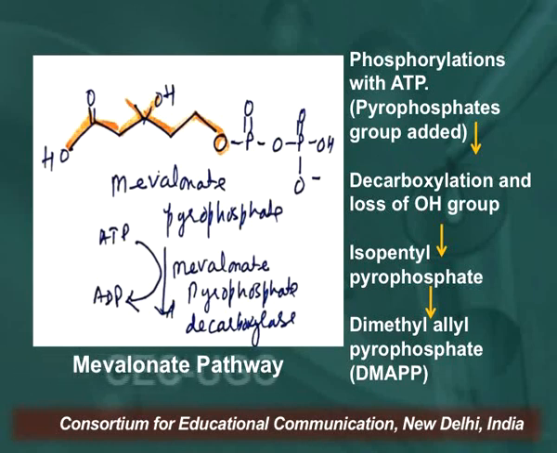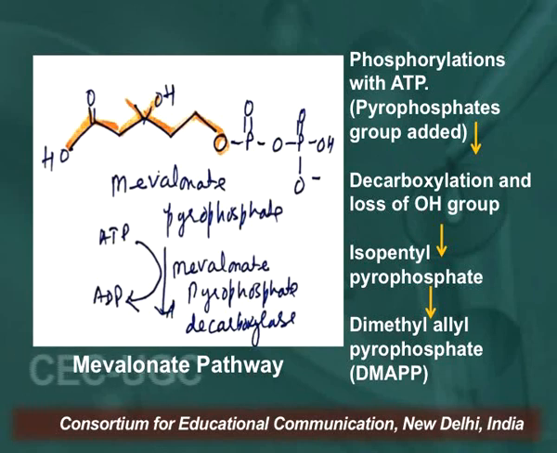The phosphorylation process takes place with ATP, and with ATP a pyrophosphate group is added. You can see on the screen mevalonate pyrophosphate, and again decarboxylation takes place, and along with that loss of the OH group takes place from this mevalonate pyrophosphate.